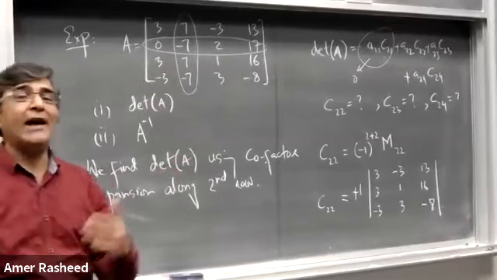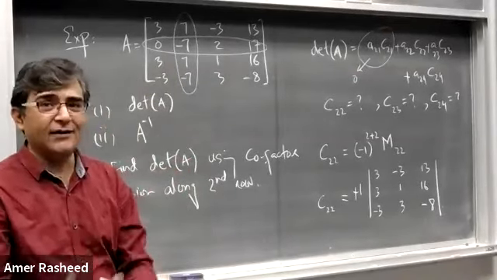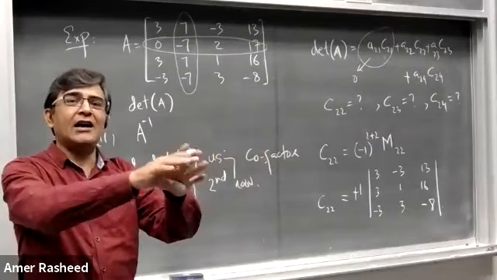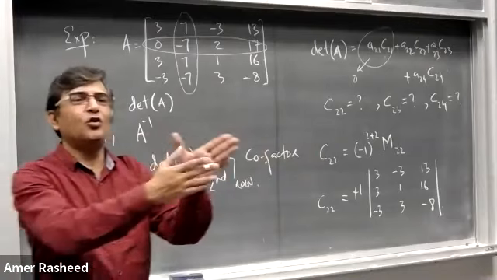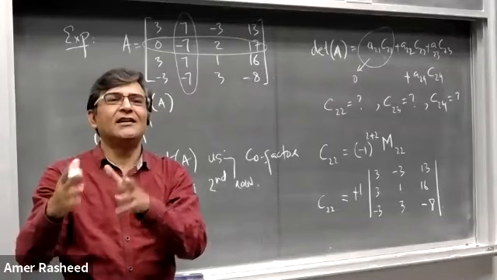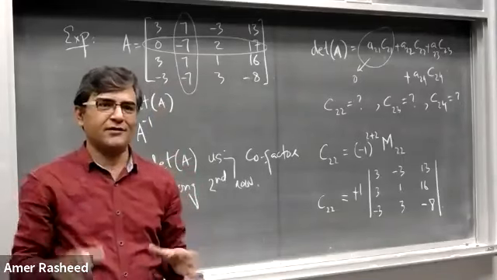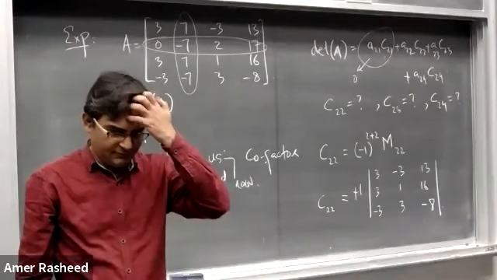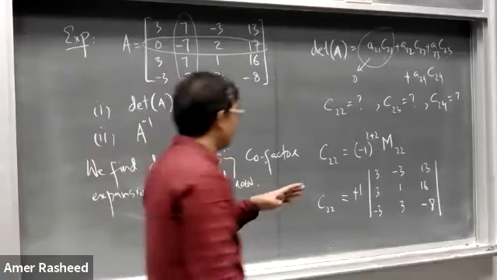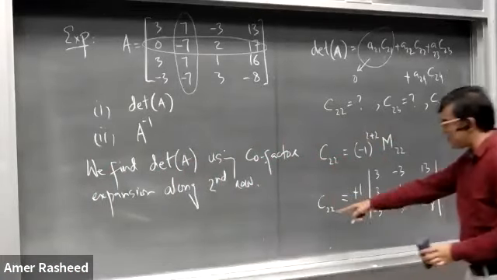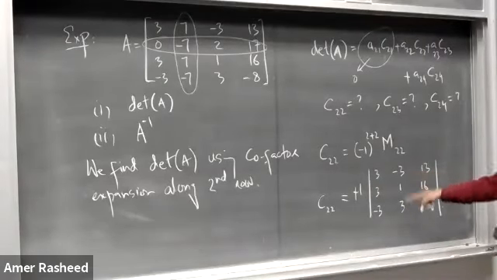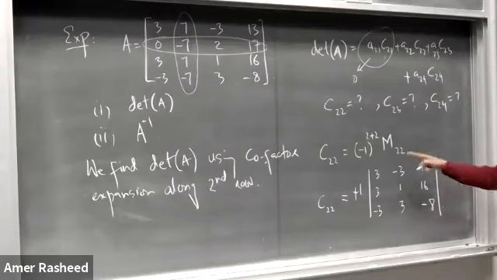You apply cofactor expansions subsequently until you get the determinants of 2 cross 2 matrices. You got it? Basically we apply the same procedure in order to find the determinant of this matrix.